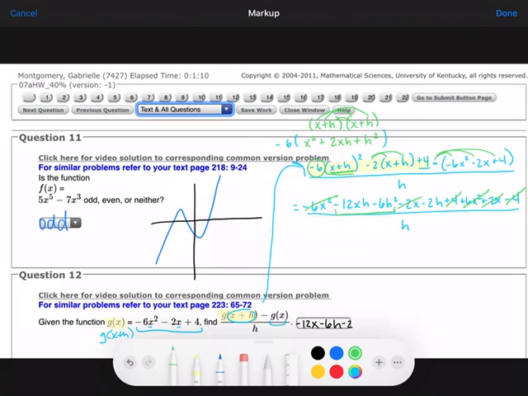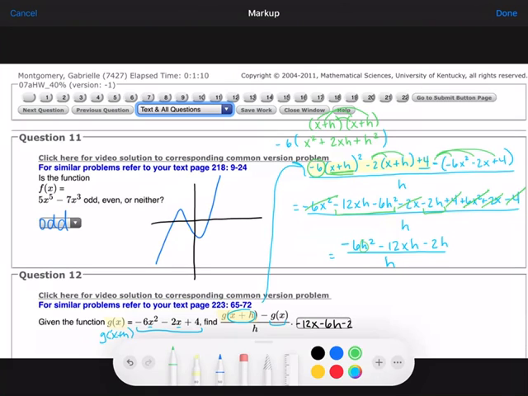So it looks like all I'm left with is this negative 12xh, negative 6h squared, and a negative 2h on top. So I'll rewrite this as negative 6h squared minus 12xh minus 2h all over h.